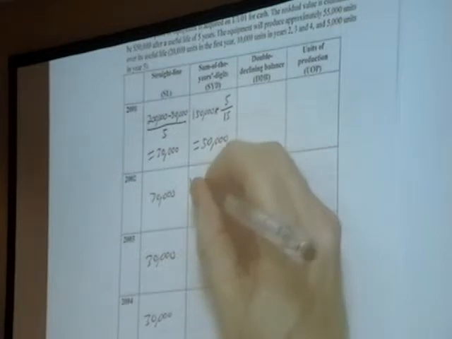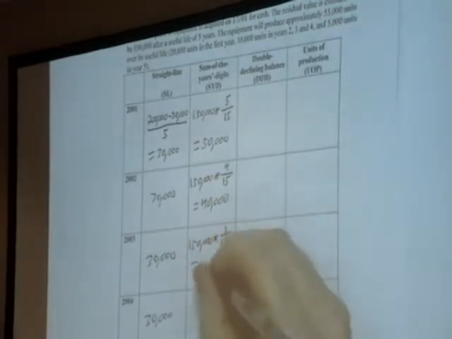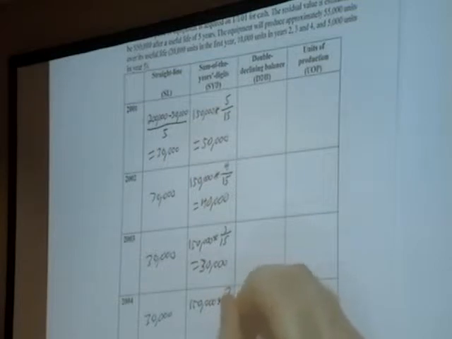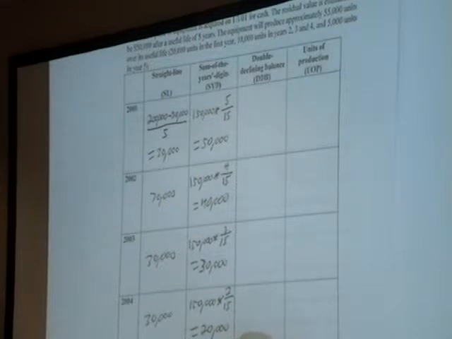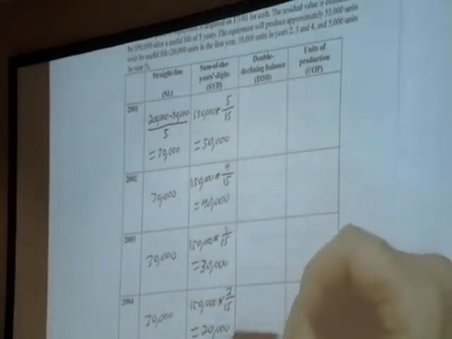Our second year, we're still going to have 150,000. That doesn't change. But now we only have 4 years remaining, and so we're going to have 40,000 in depreciation. And then we're going to have 3 years remaining and get 30,000, etc. Okay, so we have 50 plus 40 plus 30 plus 20 plus 10.